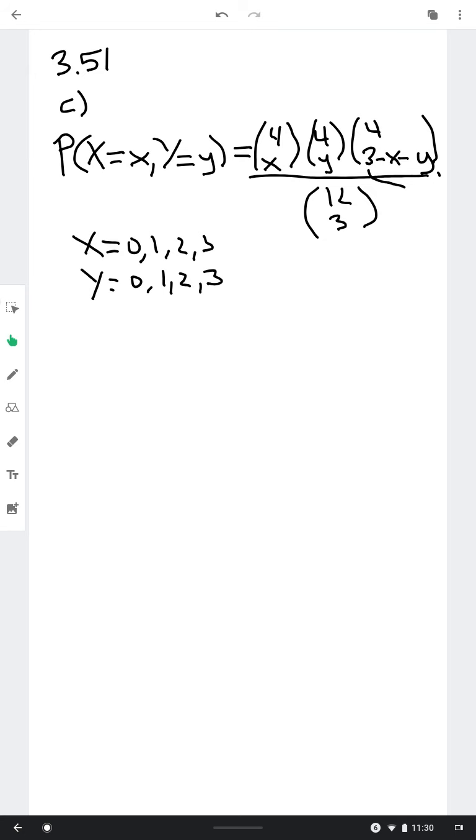If we plug in any combination of x and y that makes this negative, this whole probability will become 0 in that situation. Okay, so that is the joint probability distribution function of X and Y.